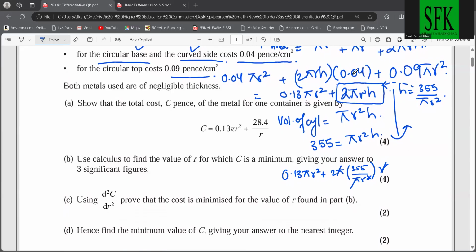We have 355 times 0.08, and let's multiply these.